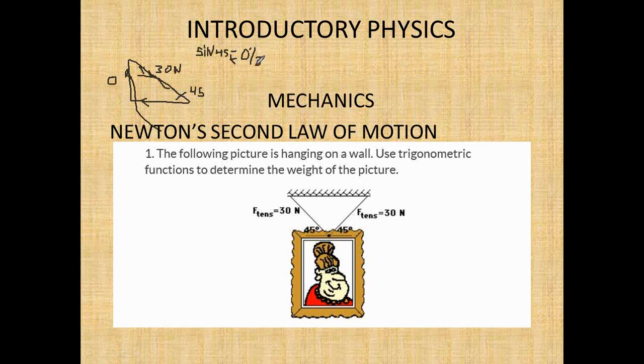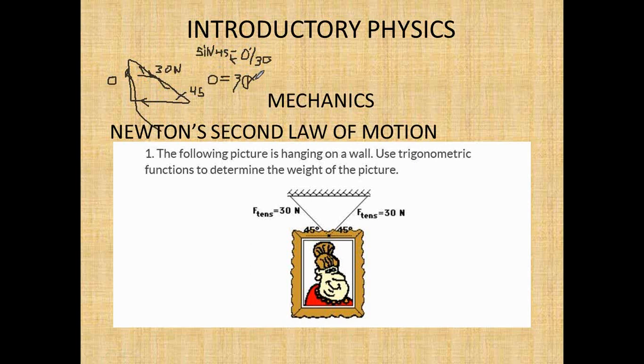So the opposite is equal to 30 times the sine of the angle. You use your calculator, look for the sine of the angle, and multiply it by that.